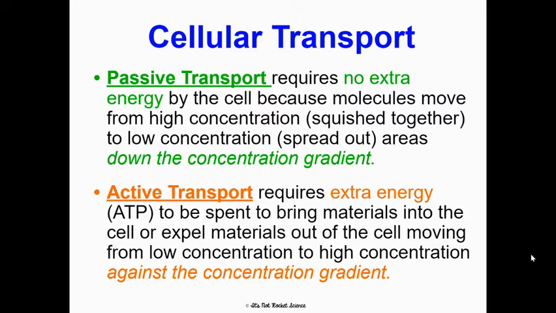But in this case, when you're doing active transport, you're generally moving from low concentration to high concentration. So you're going against that concentration gradient. You're forcing that substance to pack more tightly together, which most substances, just like most humans, don't particularly want to do. They don't want to get packed more tightly together. So you're going to have to apply some energy to do that.